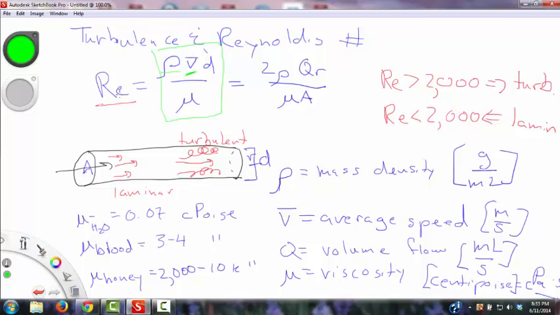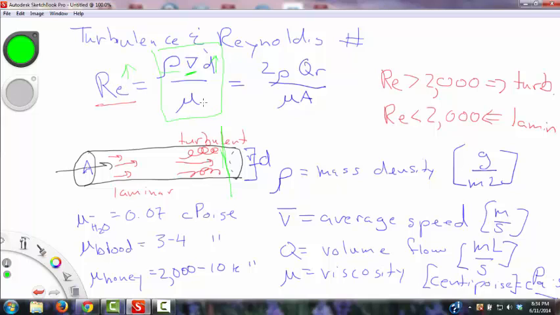So if V goes up, the Reynolds number goes up. Moving faster, more likely to be turbulent. Bigger pipe: if you have dilation of the vessel, if D gets bigger, you're more likely to have turbulence, if everything else stays the same.